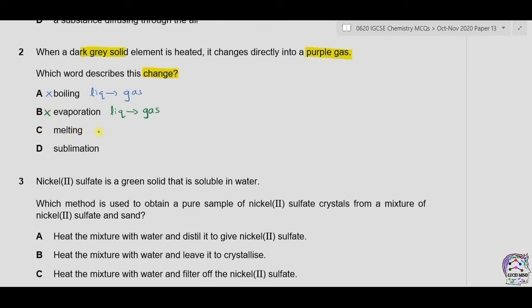C is melting, and melting is the change from solid to liquid, and it occurs at melting point. So C is also incorrect. D is sublimation, and sublimation is the conversion of solid directly into gas without going through the liquid state upon heating. So D could be correct. So a dark grey solid is iodine, which converts into iodine gas upon heating. So the answer is D.